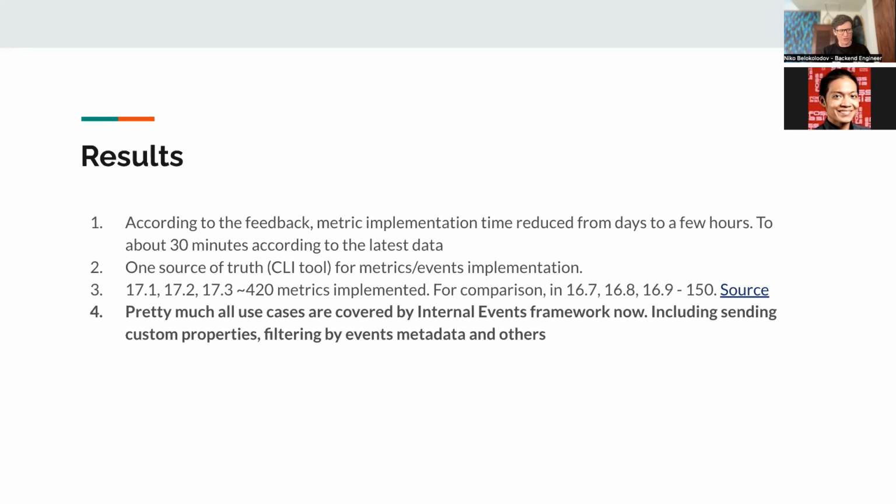And pretty much the majority of use cases are covered by using just the internal events framework: tracking internal events, sending custom properties, implementing filters by event metadata, pretty much everything. We had a lot of changes recently with AI code suggestions because there is a lot of new complexity, but this internal framework turns out to be so flexible.